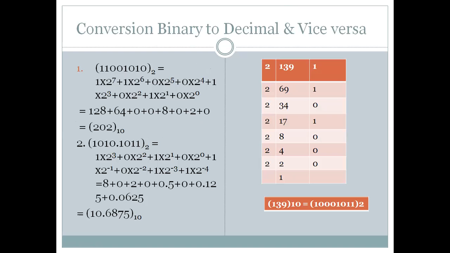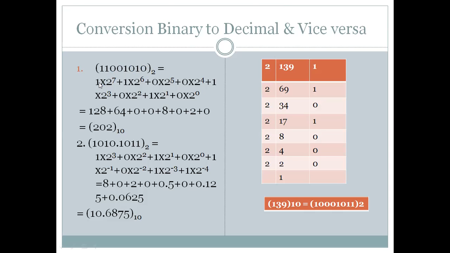So this is the conversion of binary to decimal. If we have to convert a binary number to decimal, we have to multiply each digit by the base of that number, which is used to convert into decimal. The binary base is equal to 2. We count digits from right to left, starting from 0, then 1, 2, 3, 4, 5, 6, and 7.